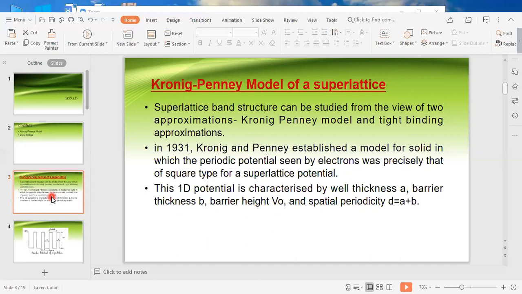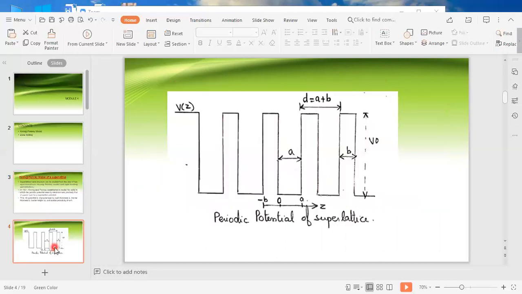So it was in 1931 that Kronig and Penney established a model for solids in which the periodic potential seen by electrons was precisely that of a square shape, which means in a superlattice we are considering a periodic potential and a square shaped potential well.